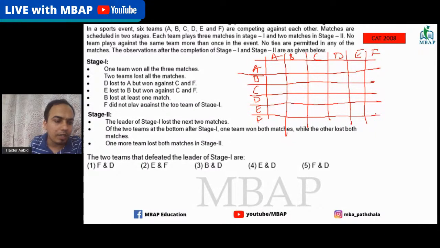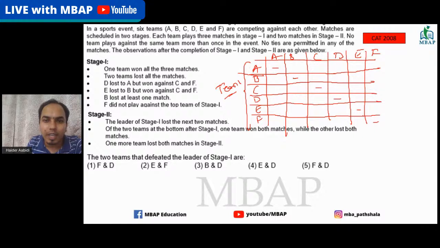Now after stage one, how is the entire table going to look? This is where I have the entire picture clear. Obviously, these cells will be a dash. I'm reading it row wise, so this is team one and this is team two.